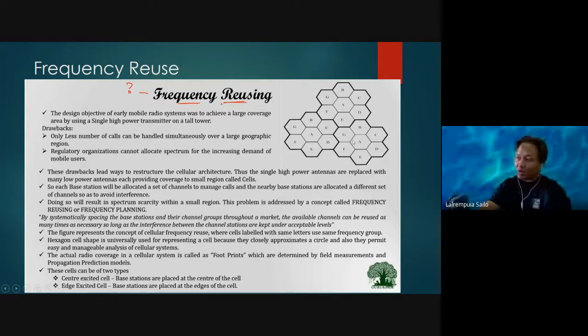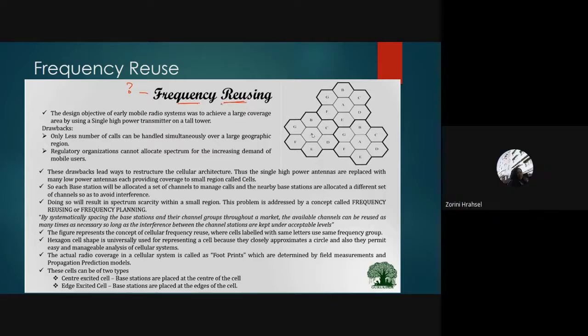Also in this area we have the same frequency, the same cell compared with the cell A in another cluster. We will explain what a cluster is also. So this is called frequency reuse. Is it clear?